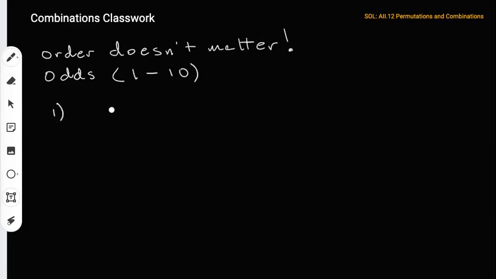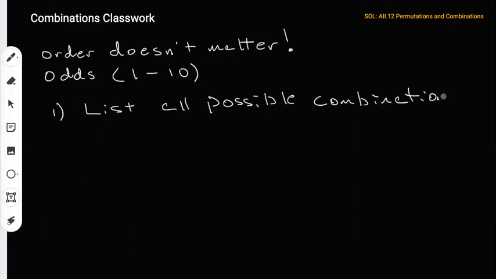Number 1 says we need to list all the possible combinations. So it tells us to list all the possible combinations of these three numbers, 1, 2, and 3.